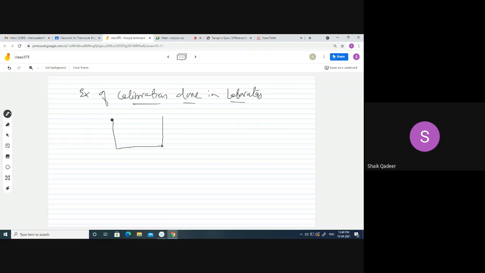Maybe you are aware of a thermometer. Are you aware of a thermometer? The clinical or digital? Yeah, clinical. Yes, we are aware. Take both clinical, analog, as well as digital. Both displaying some number.